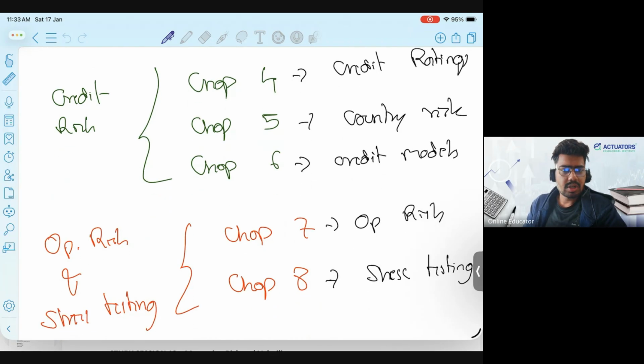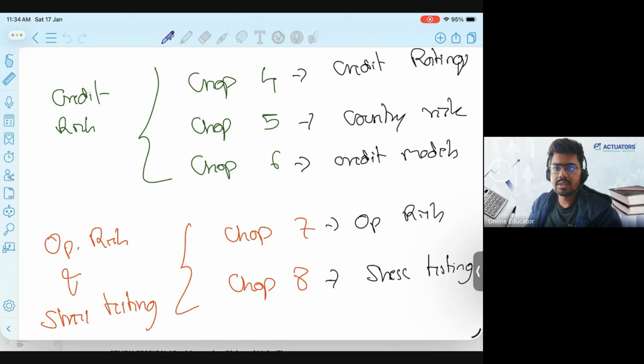Chapter 5 talks about country risk. So you must have heard governments also lend and borrow, right? How is government lending? They issue sovereign bonds, and they borrow from another government as well. How willing are the people of the country, or another country's government, to give the country money?